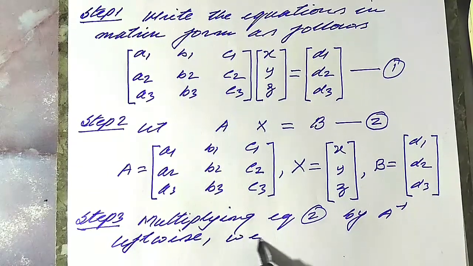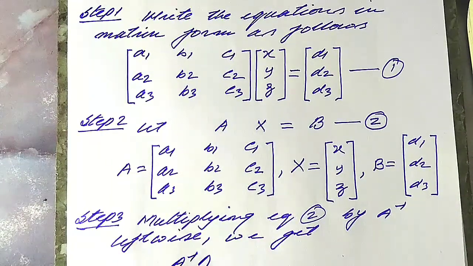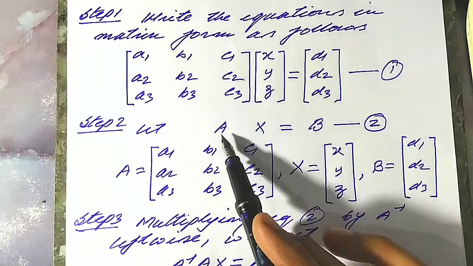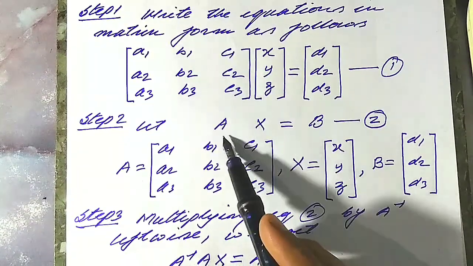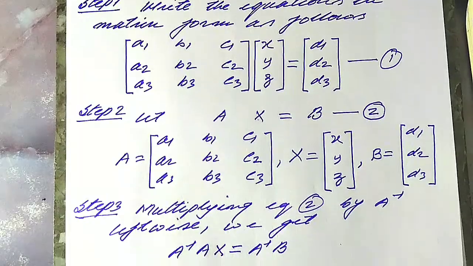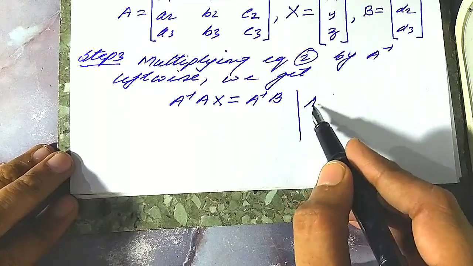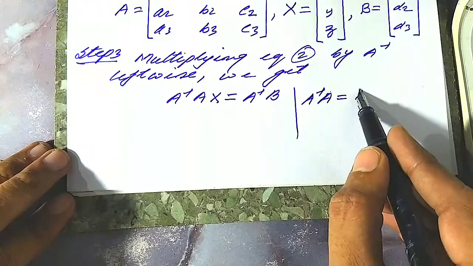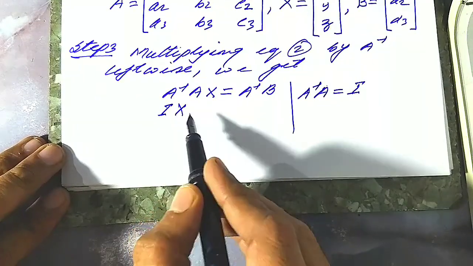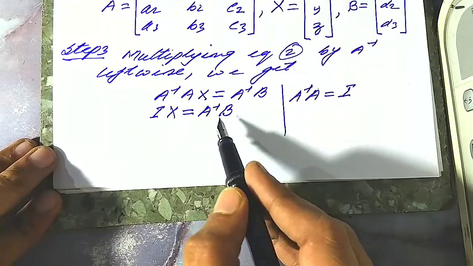We get A inverse into AX is equal to A inverse into B. We have multiplied both sides of this equation by A inverse, so we get A inverse AX and here A inverse into B. Now as you know by the property, A inverse A is always equal to identity matrix, so we may replace A inverse A by I, that is IX is equal to A inverse B.